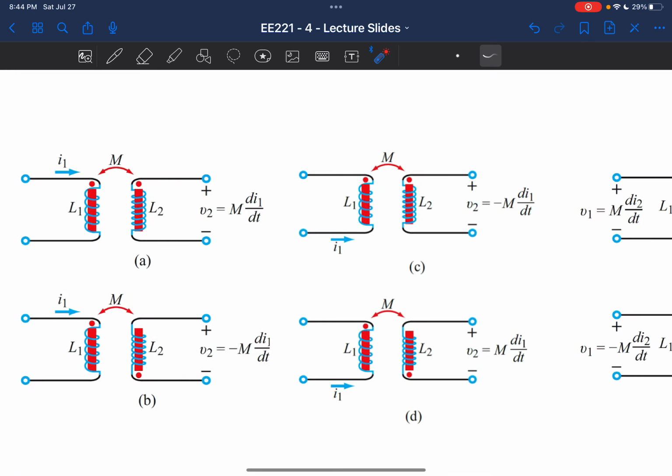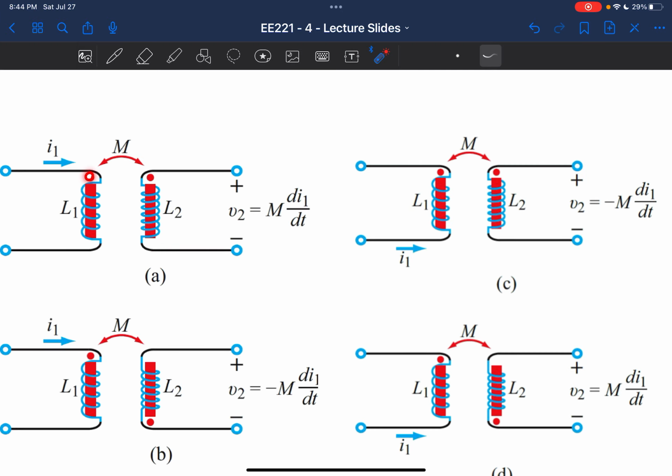So what they're saying is, if I have the 2 dots up top on my coils and I have a current I1 flowing into the dotted terminal of L1, I get a positive voltage at the dotted terminal V2, okay?